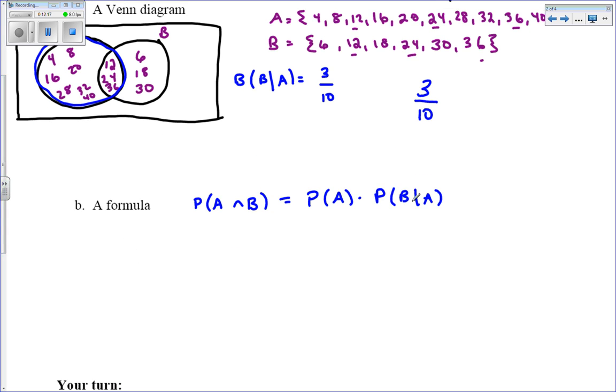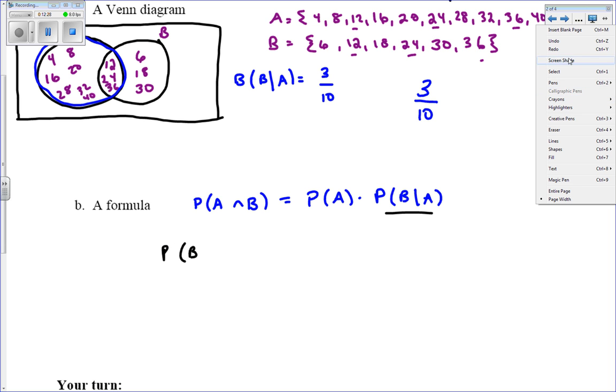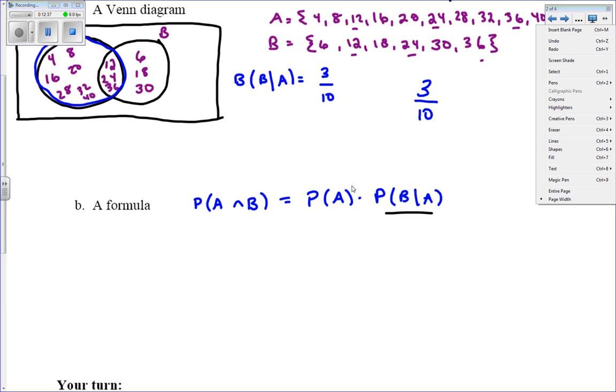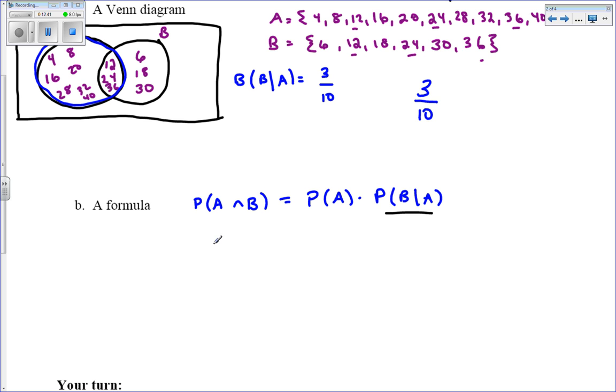In terms of the formula, what we're trying to solve for here is B given A. So we want to rearrange this formula a little bit. Before I rearrange, let me plug in what I want here. The probability of A and B occurring is 3 out of 40, because there were 40 numbers, and that intersection is 3 out of a total of 40.